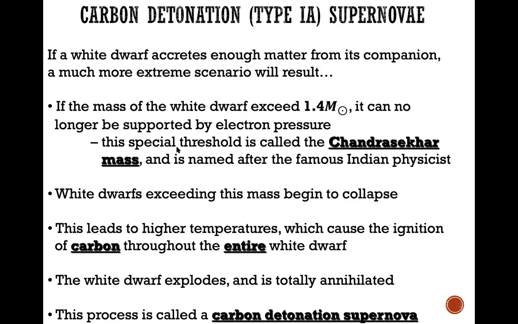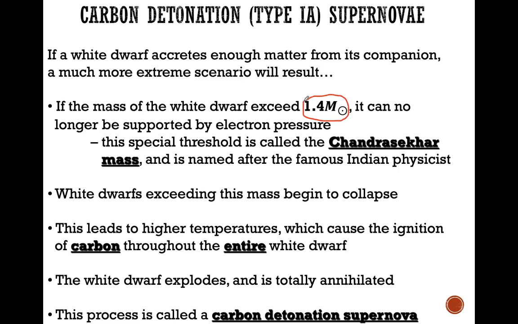But by accreting all these materials from this normal star, if the mass of the white dwarf exceeds this particular mass, which is 1.4 solar mass, right?